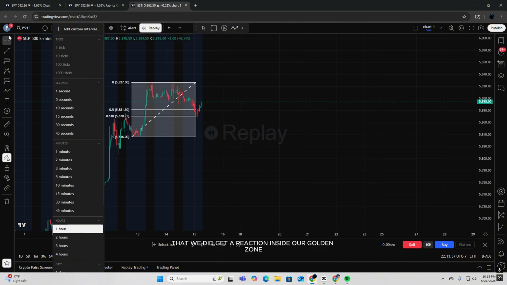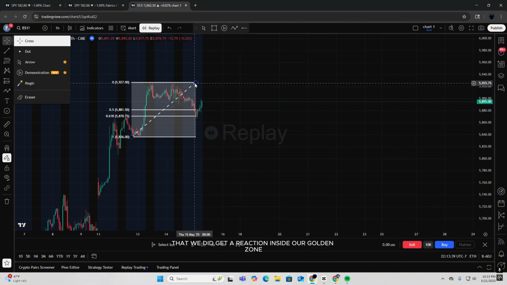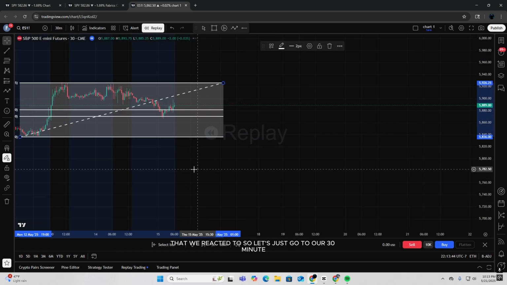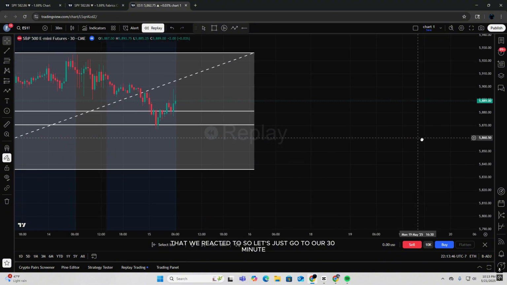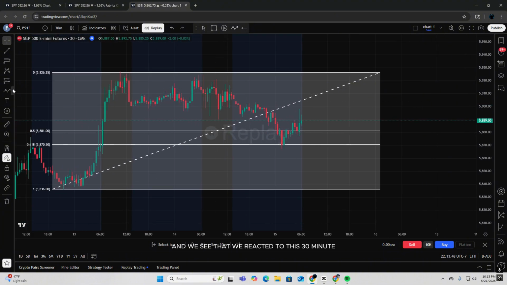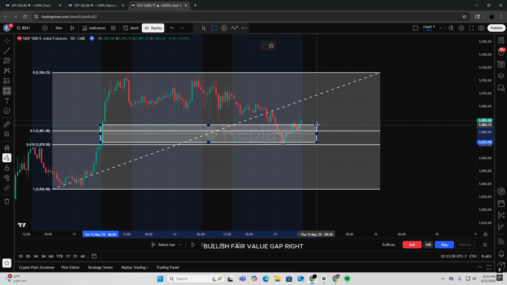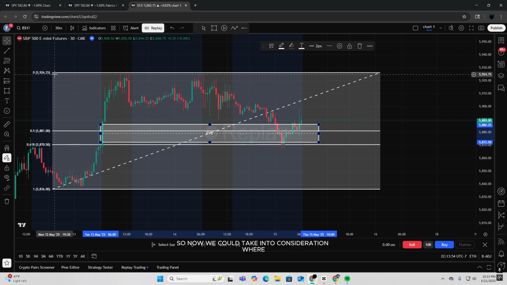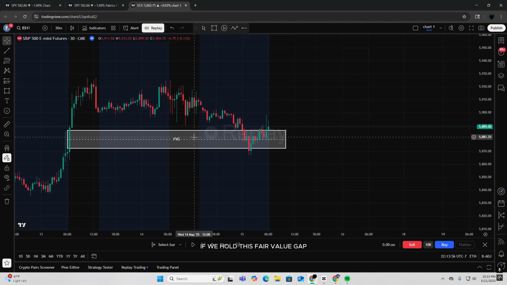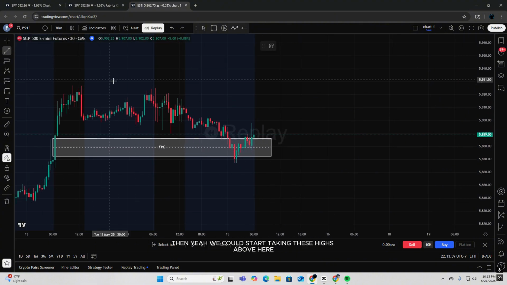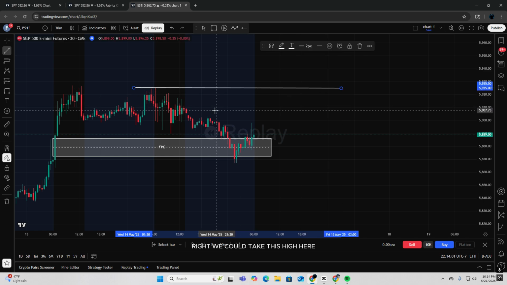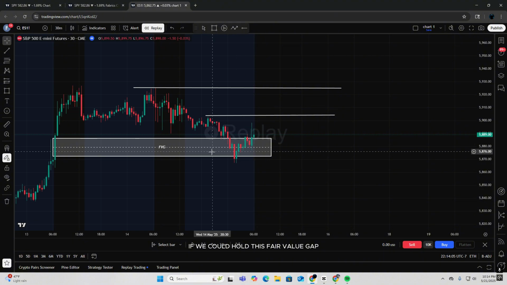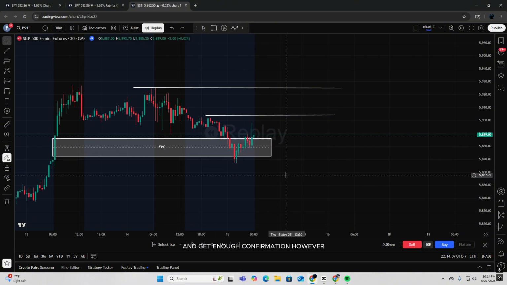We see that we did get a reaction inside our golden zone. So we're going to see what was actually there that we reacted to. Let's go to our 30-minute, and we see that we reacted to this 30-minute bullish fair value gap, right? So if we hold this fair value gap, then we could start taking these highs above here, maybe this high here as well, if we hold it and get enough confirmation.